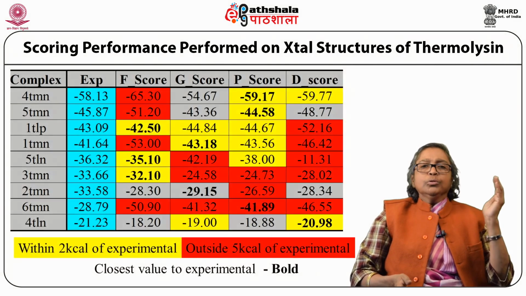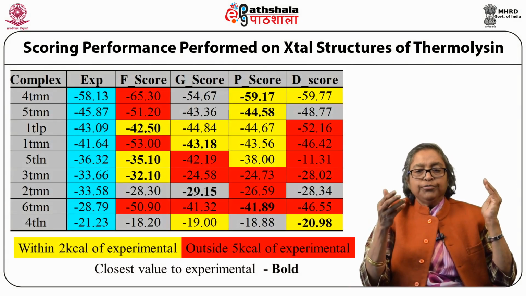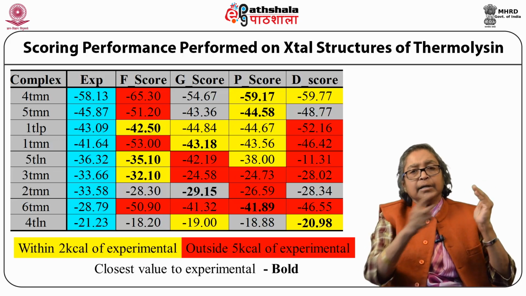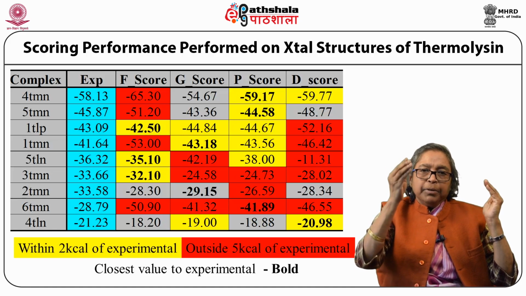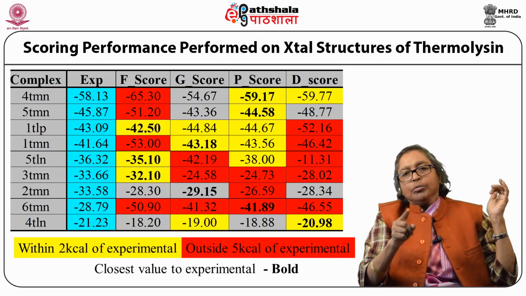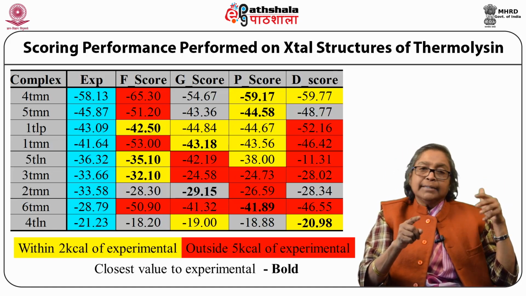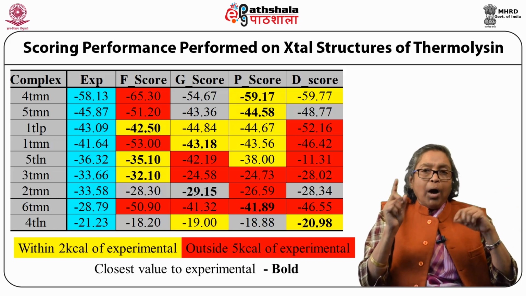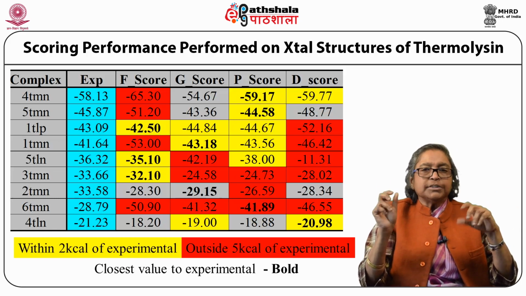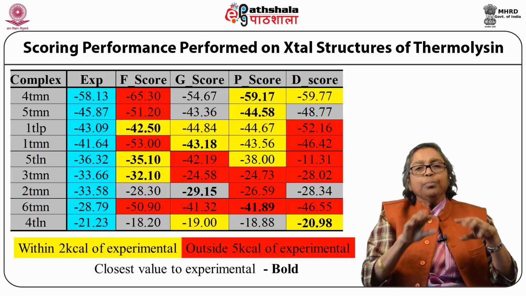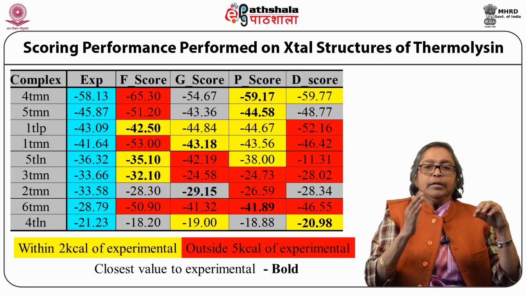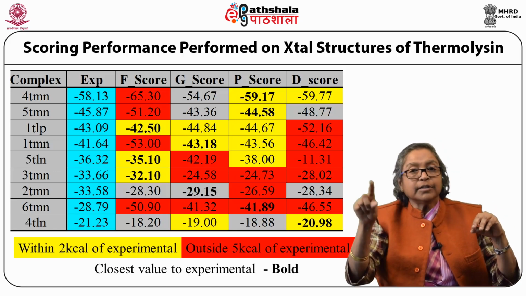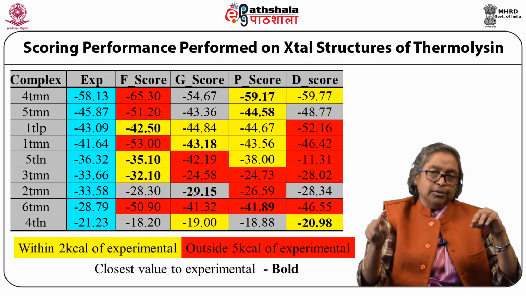Here I show you actual results of using different scoring functions as I have depicted in previous slides, and these cyan color columns show the experimental values and the crystal structures of one protein, thermolysin, which is a metalloprotease bound to many inhibitors. If you look at these different inhibitors, the scoring functions are shown for different methods.